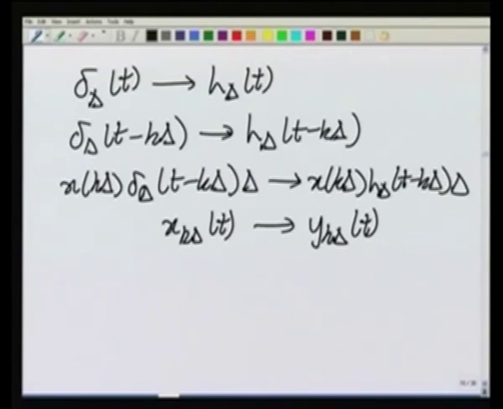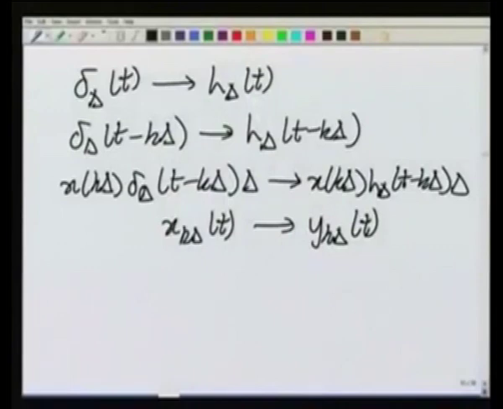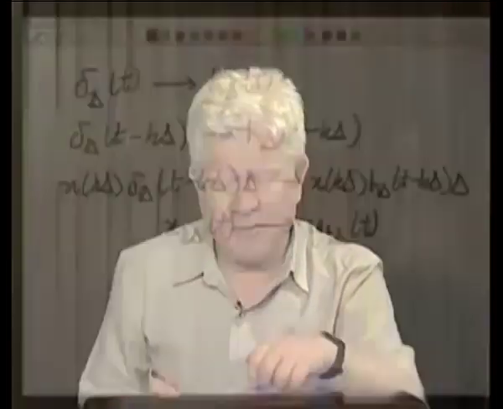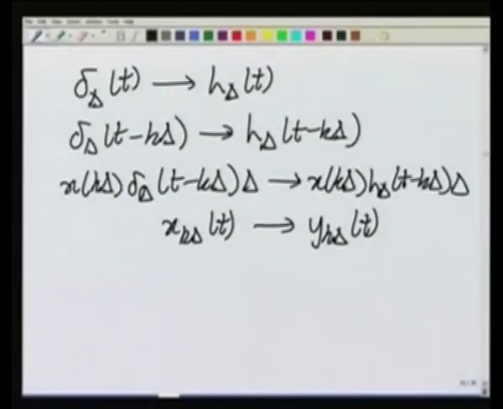Now, we have already used here time invariance in the first step, where we have shown that δ_Δ(t − kΔ) should give us h_Δ(t − kΔ). We have next used homogeneity to say that if you applied x(kΔ) δ_Δ(t − kΔ) times Δ, we have used scaling twice here, because we are scaling by x(kΔ) as well as by Δ.